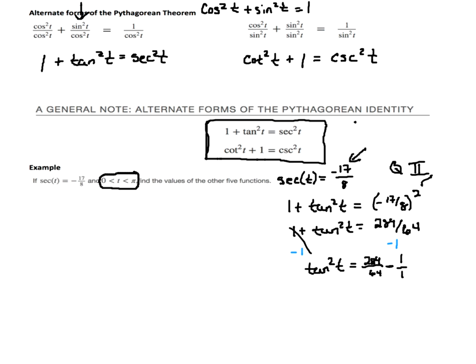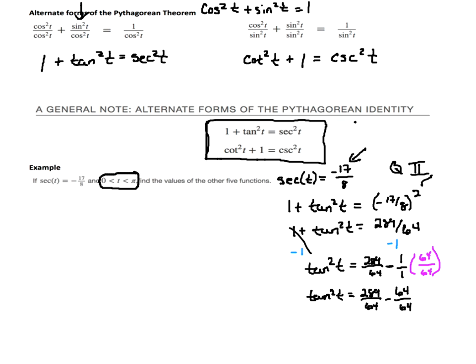And I'm going to put that 1 over 1 because I need to get a common denominator to be able to subtract these values. So I multiply by my clever form of 1, 64 over 64. And now I have that the tangent squared of t is equal to 289 64ths minus 64 64ths.